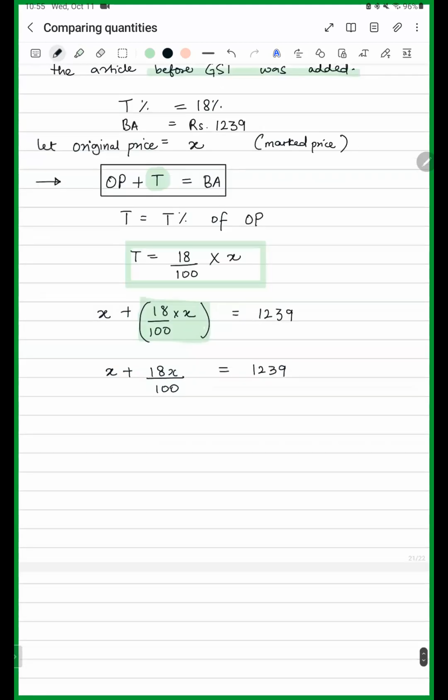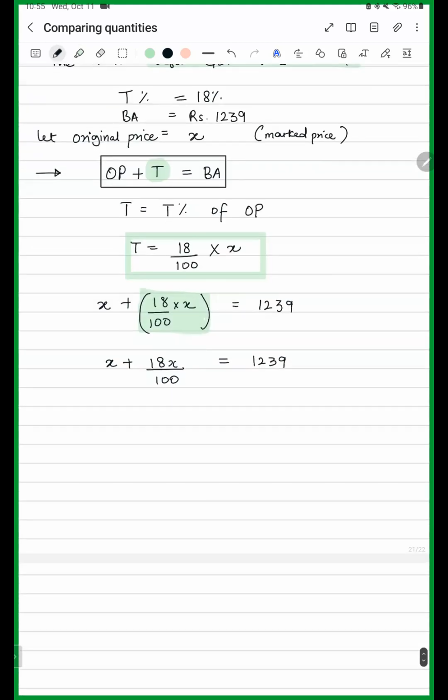Now can we take the LCM here? That will be 100. So 100x plus 18x, and that will give us 118x over 100 equals 1239.